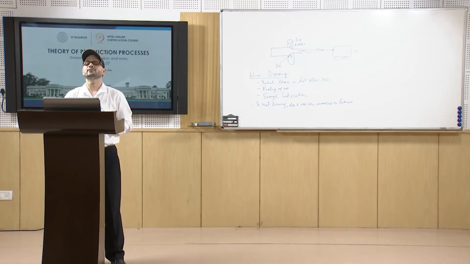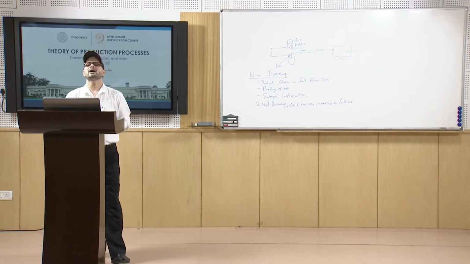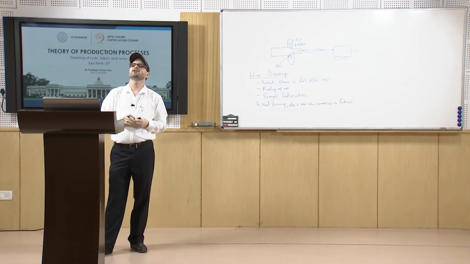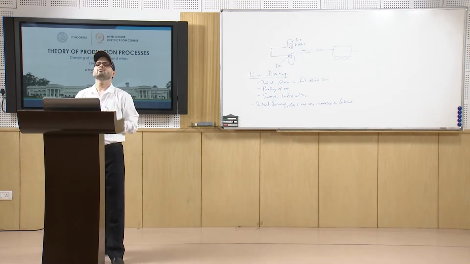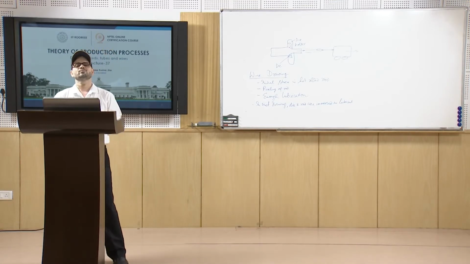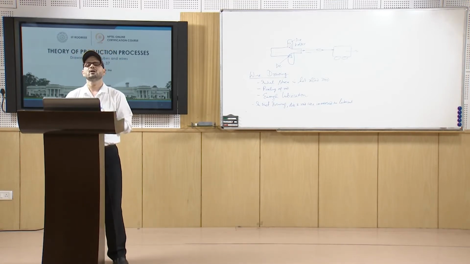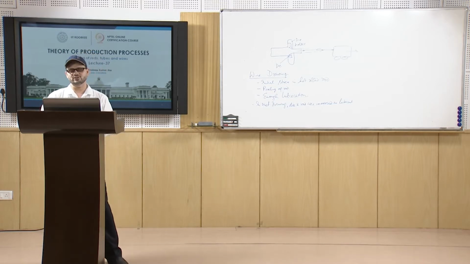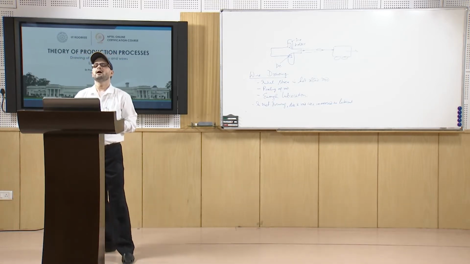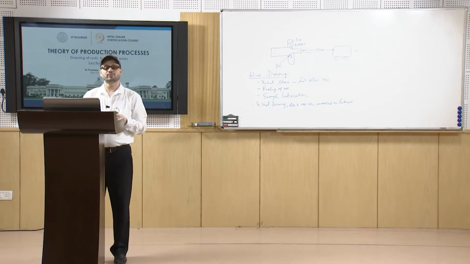So, now let us see the wire drawing. As we discussed, wire drawing starts with a coil of hot rolled rod, then surface coats are used, where the drawing die and rods are immersed in oil as lubricant.